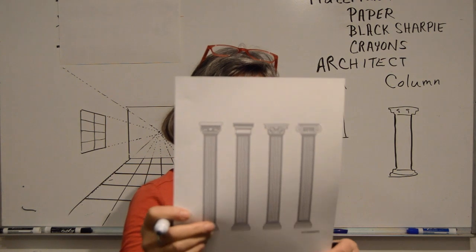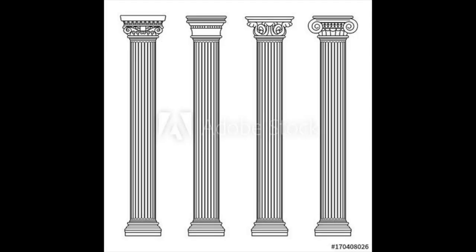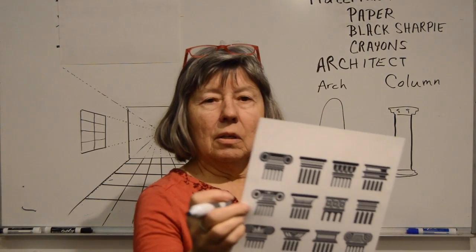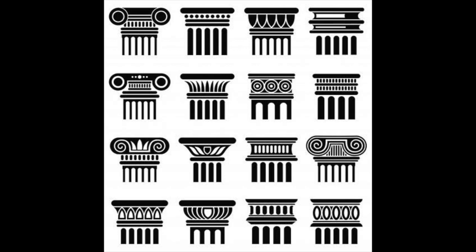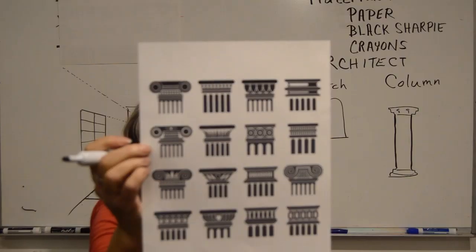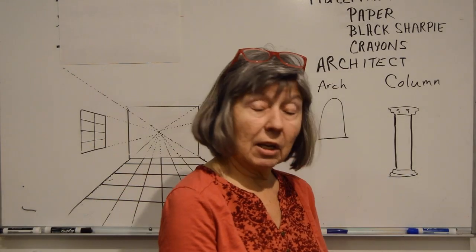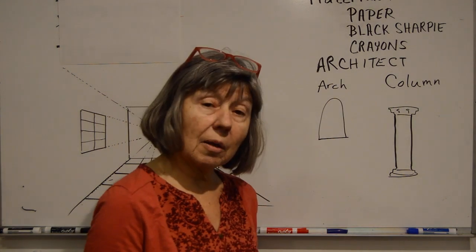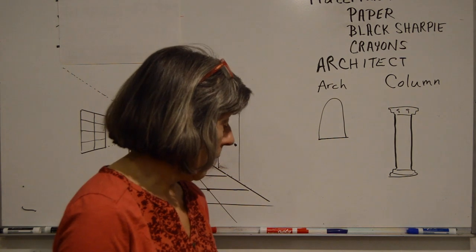Here's some samples of some columns, different kinds of columns. There's many different kinds. And this also shows some of the really fancy tops of columns. Often they're carved in if it's made out of stone or if it's made out of wood, which most of the columns around here are made out of wood.